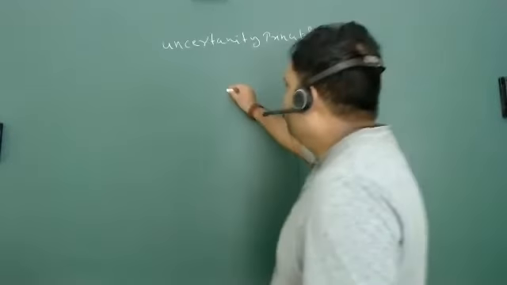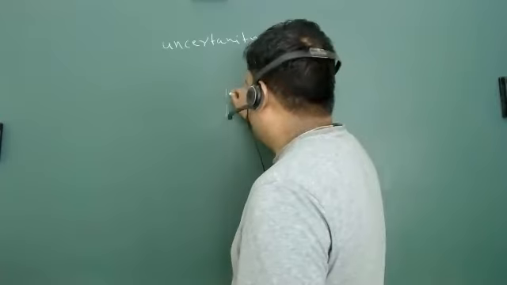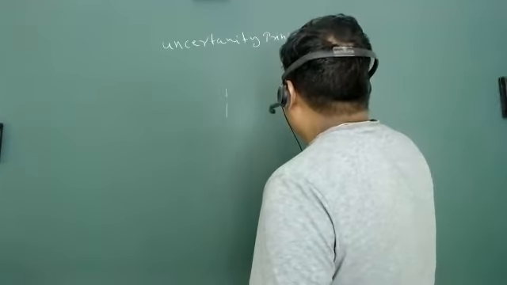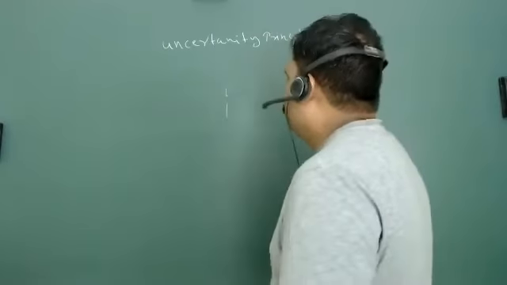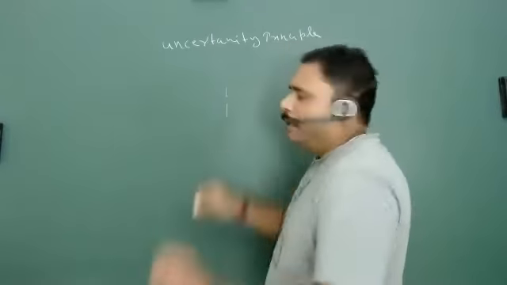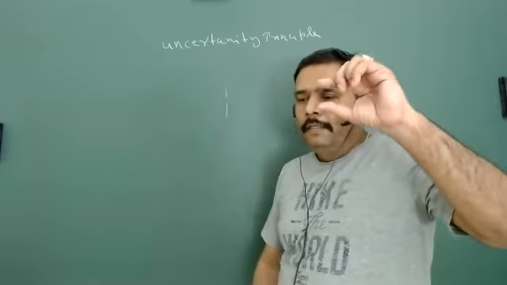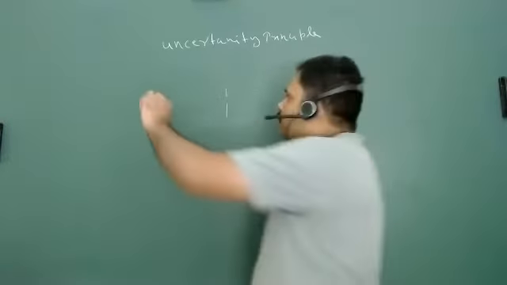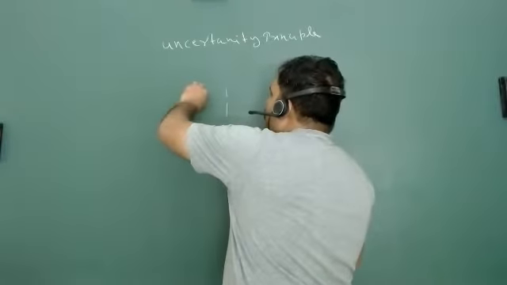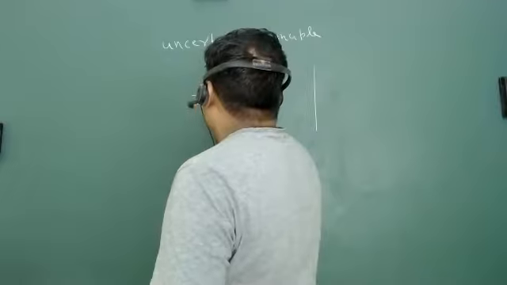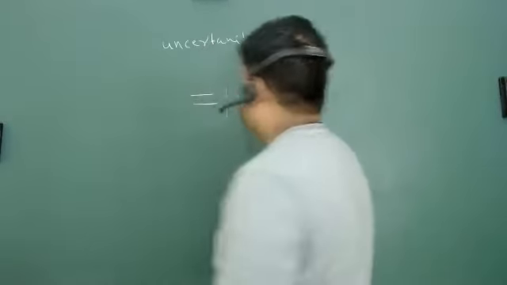So suppose we have a single slit problem. This is the single slit, and there is a screen, and the slit is very widely open. We allow this laser light inside this slit.